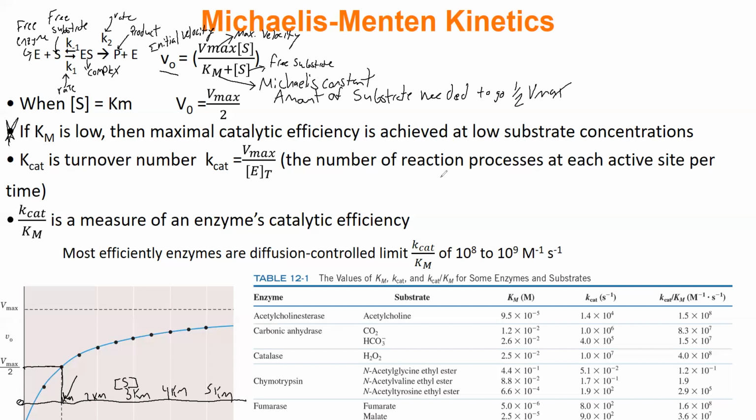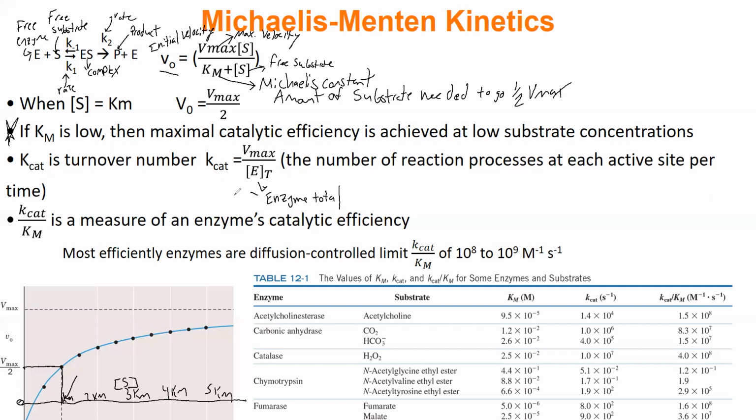And to calculate Kcat, you take your maximum velocity divided by ET. This is enzyme total. So this is the maximum amount of enzyme you have in your experiment. That's ET. So you take your maximum speed divided by how much enzyme you have in your experiment.